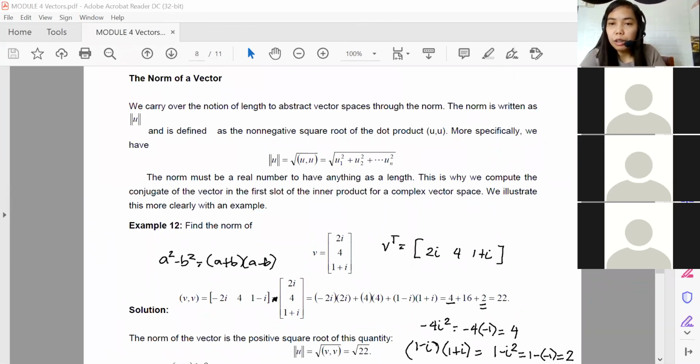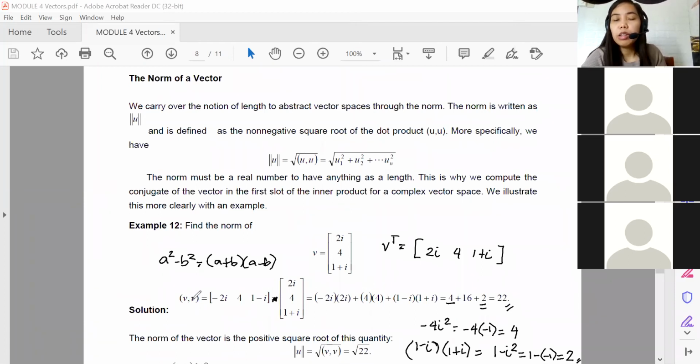Okay? Look. When you multiply a complex number by its conjugate, the answer is a real number. That is how we got this 2. And then combining like terms, 4 plus 16, 20 plus 2, 22. Okay? Because the norm, we're talking about the length. Okay? So it's always positive. Okay? So the answer is 22. But we said, the norm is a non-negative square root.